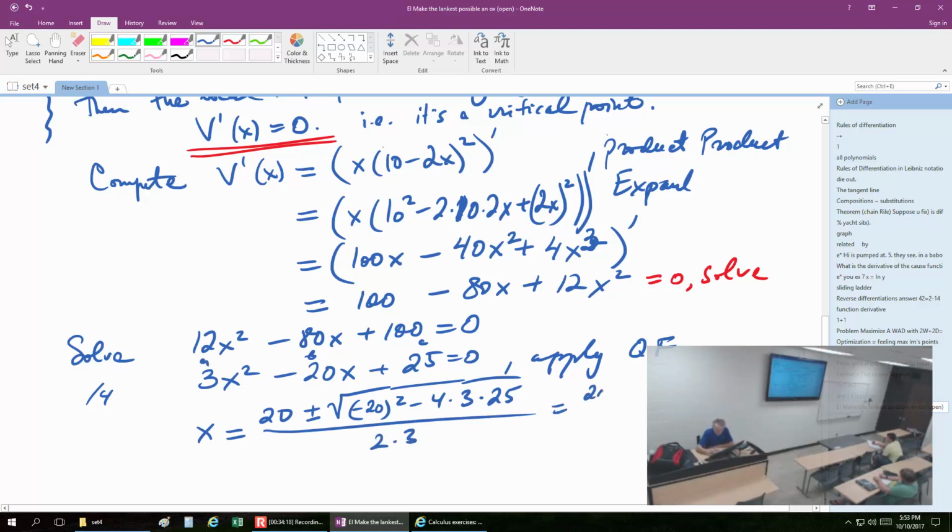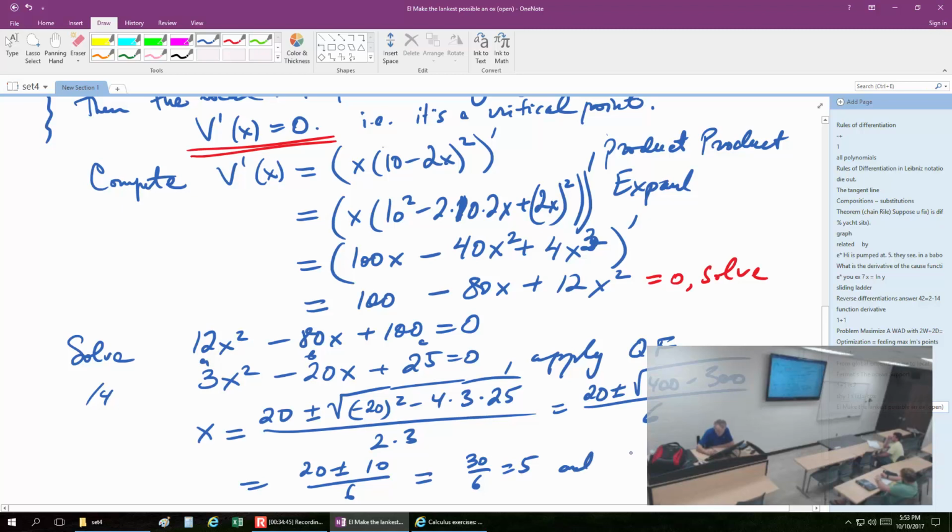All right. So what do we have? 20 plus or minus, and here I have 400 minus 300, divided by 6. And I have 20 plus or minus the square root of 100, which is 10, over 6. And I have two answers. 30 divided by 6, which is 5.